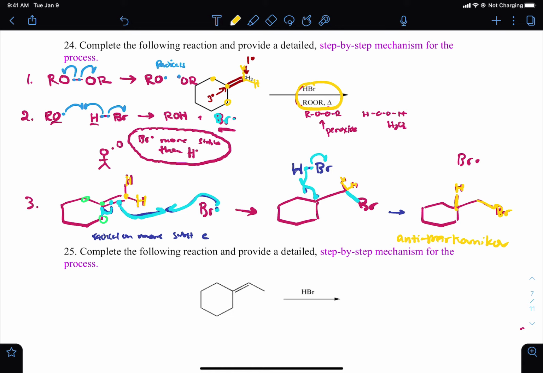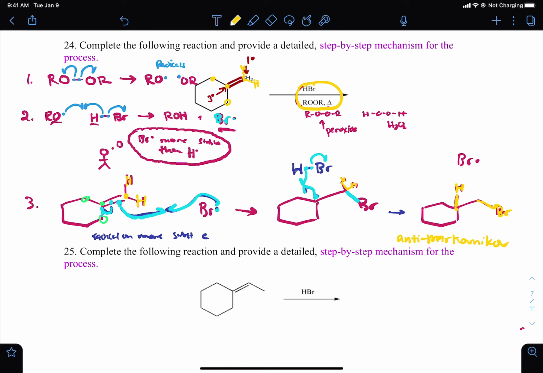So why does it do that? All right, why does Markovnikov's rule exist? Well, let's see. When we do that, if we use the pi bond and put the H there, then the other carbon is left missing a bond.